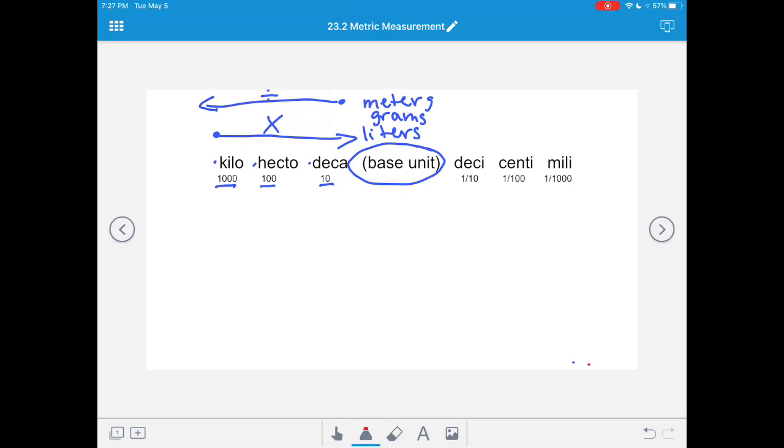So let's say I have 2 kilograms. So remember, grams is just my base unit. The prefix I'm looking at is kilo. And I want to know how many grams that equals. So I'm trying to get from kilograms to grams.